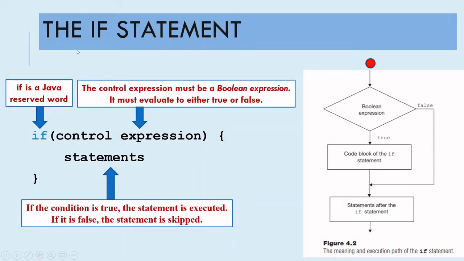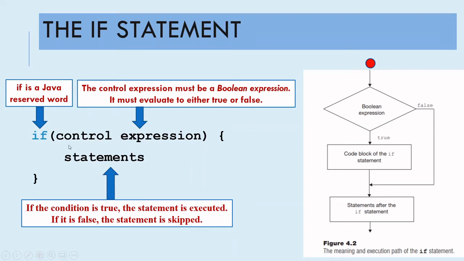Now for the if statement, the structure is the following. It starts with this reserved keyword if, and then in parentheses, we're going to have the control expression. And then we open the curly bracket and close the curly bracket, and in between we put the statements that will be executed if the control expression is true.